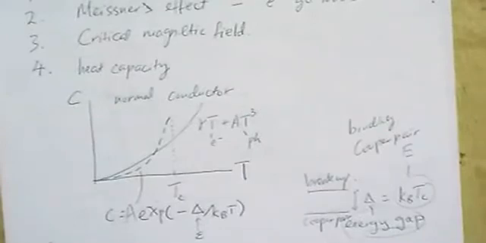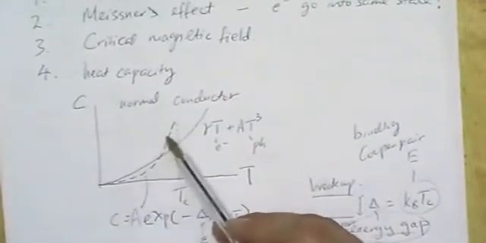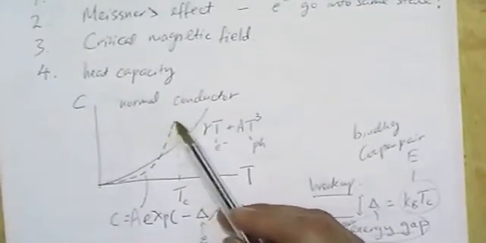And in fact, when a proper curve fitting is done to the measured heat capacity curve, it has been found that the delta, the number in this exponential, is about kB times Tc. So the graph of C against T would agree with the experimental data.